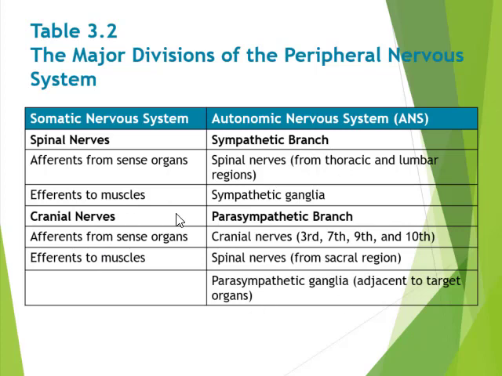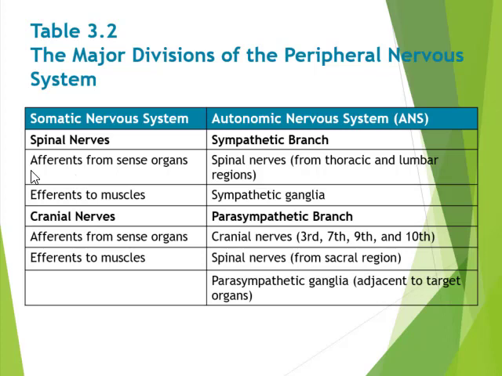The somatic nervous system is made up of spinal nerves and cranial nerves. And spinal nerves take in afferent, with an A, meaning putting in. They take in information from sense organs in the body. Efferent nerves send out information from the spinal column to the muscles, for instance.